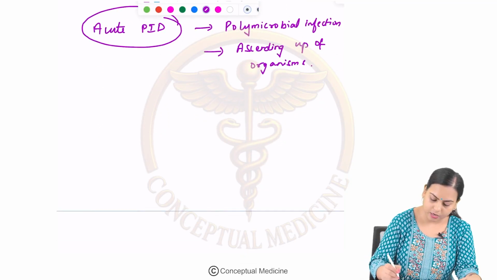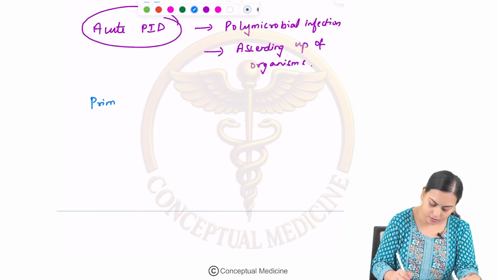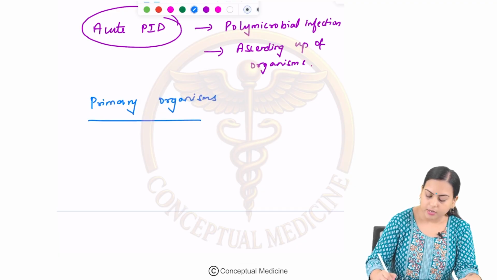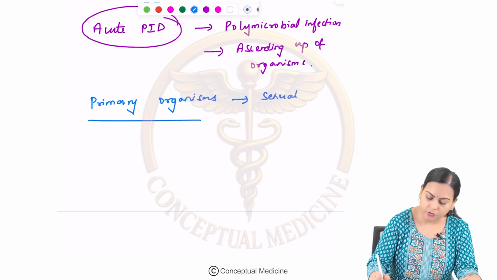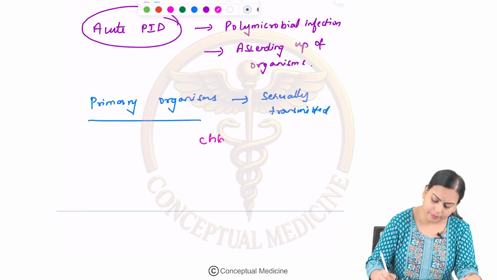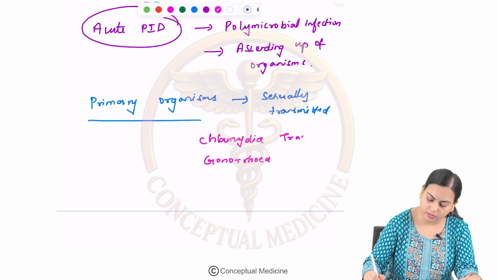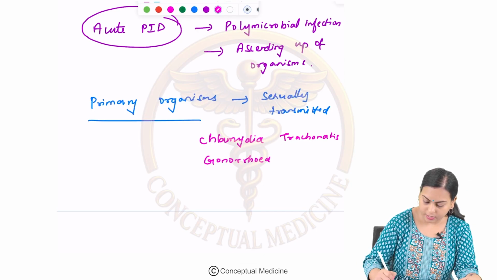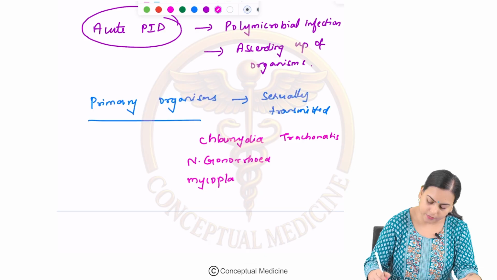The primary organisms are usually sexually transmitted, mostly Chlamydia trachomatis, Neisseria gonorrhoeae, or Mycoplasma hominis.